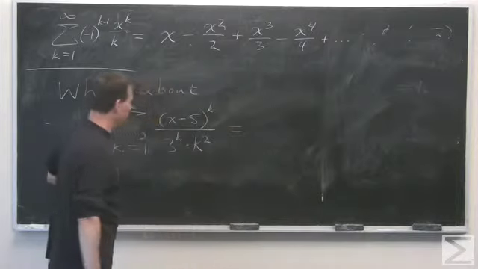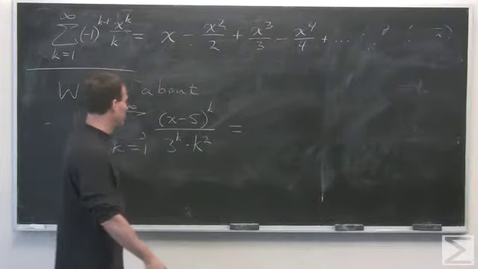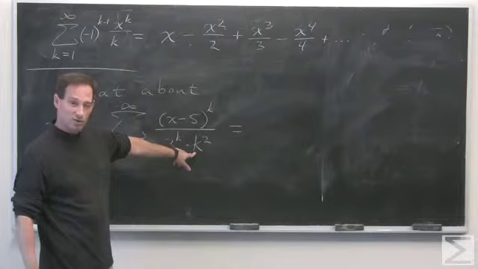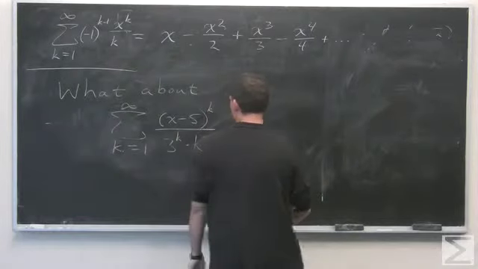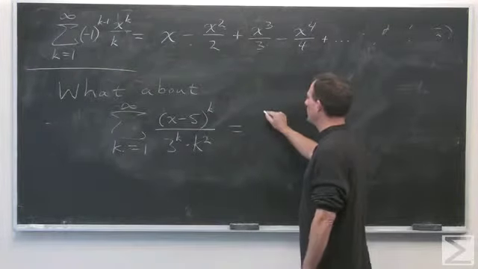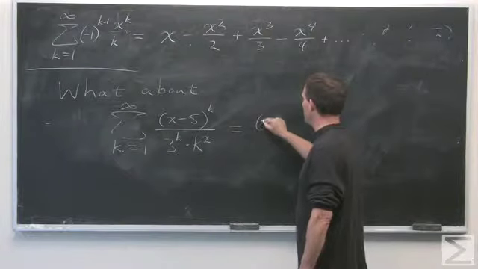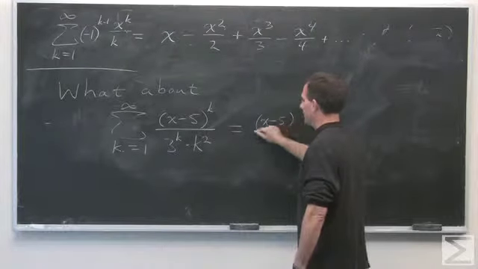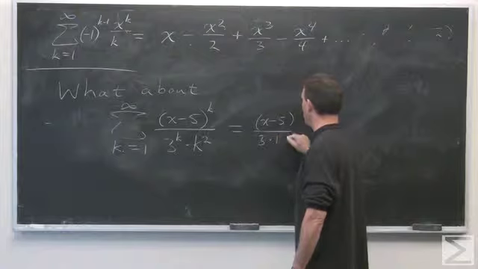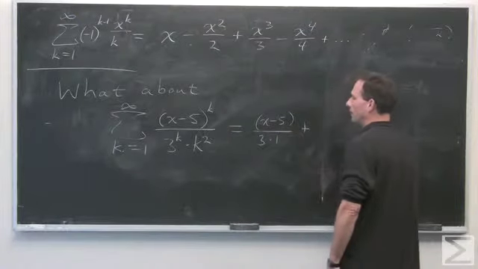You can write out the first few terms if you want. The reason we're not starting at k equals 0 is because we're dividing by k squared. When k is 1, you get x minus 5 over 3 times 1. And then you add to that what you get when k is 2.